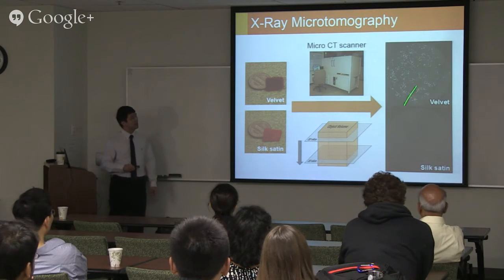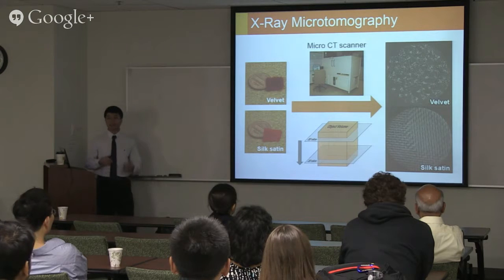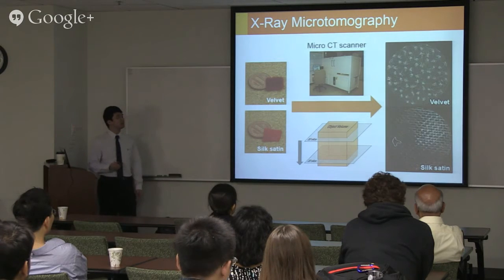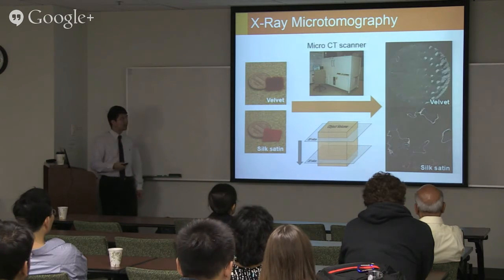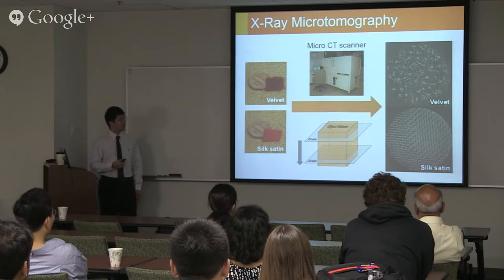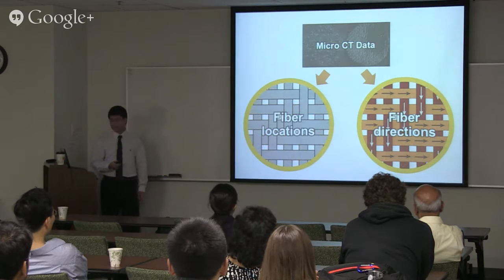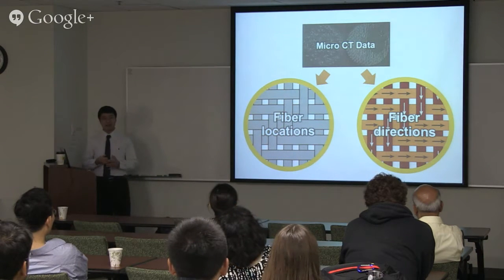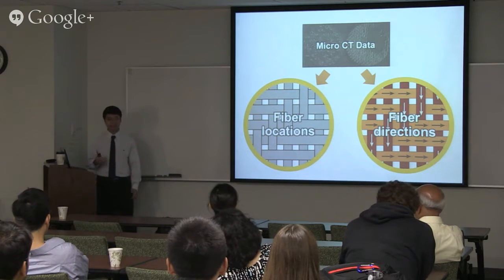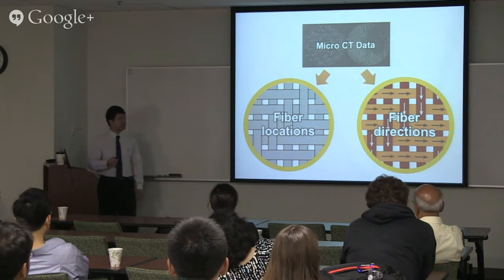So here we show the scan result for velvet and silk satin, where the brighter regions correspond to cloth fibers. The CT scans, however, do not give us all the information we need. So we need to process these images to extract such information.